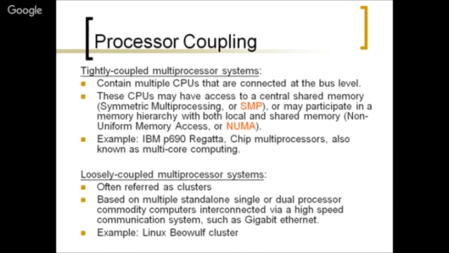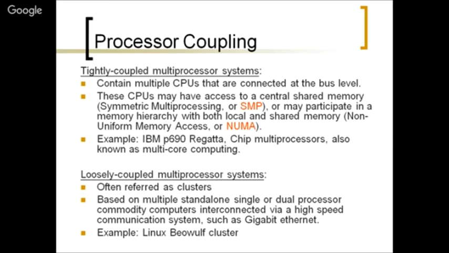Or it may participate in a memory hierarchy with both local and shared memory, which you can call non-uniform memory access. In this NUMA configuration there are two types of memories, local and shared. Each CPU has its own private local memory, but some shared memory is also there.